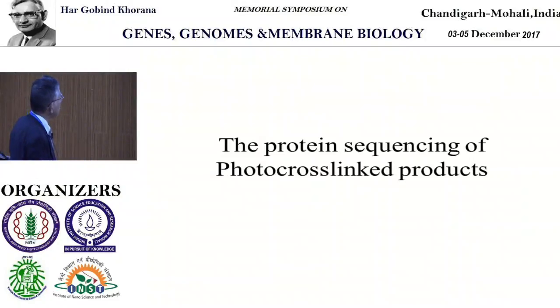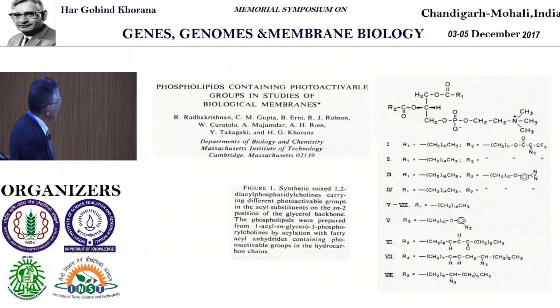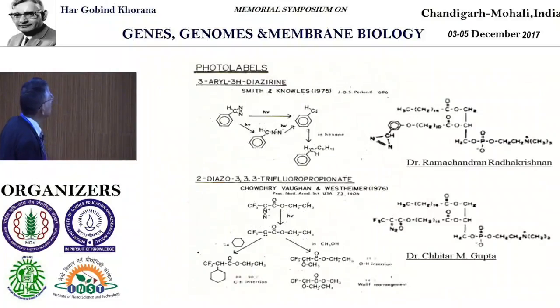Now getting into the main topic, I'm going to talk about the photo-cross-linking sequencing that I did in Govind's group, because this hasn't been talked about much. Govind's group developed many phospholipids with photoactivatable probes, but we ended up using a carbene generator.